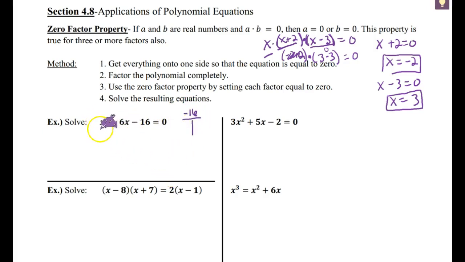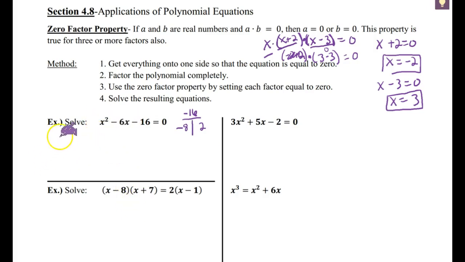Noticing that my front coefficient here is 1, so it's just factors of negative 16 that will add to negative 6. So maybe 8 and 2. If I put the negative with the 8, I'll have negative 8 times a positive 2 gives me the negative 16, and negative 8 plus 2 gives me the negative 6 in the middle.